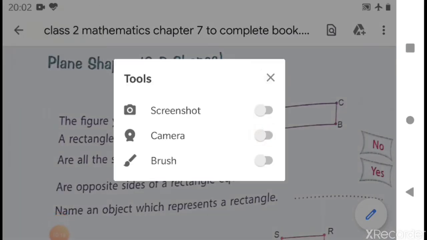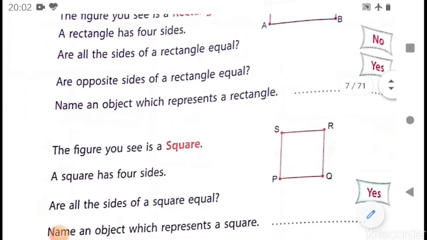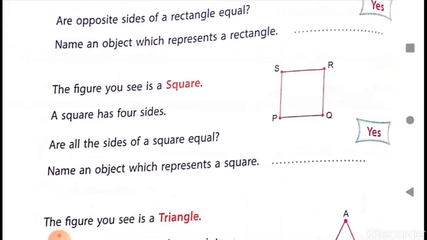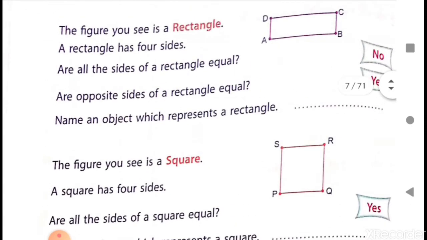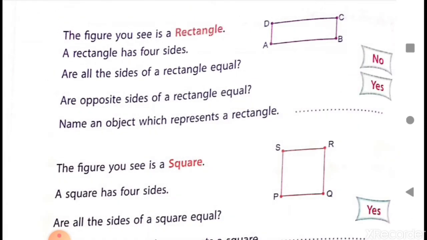Now the next shape is a square. Now what is the difference between a square and a rectangle? In a rectangle also there are 4 sides, and in a square also there are 4 sides. Okay, you can see that in a rectangle as well as in a square, both have got 4 sides.